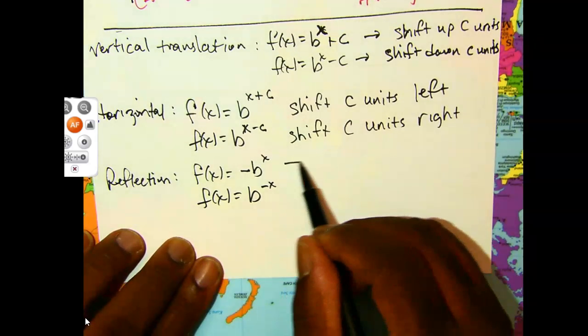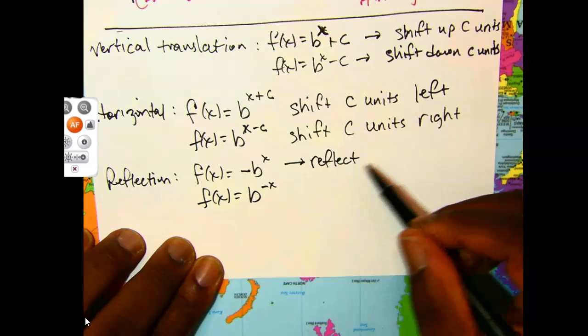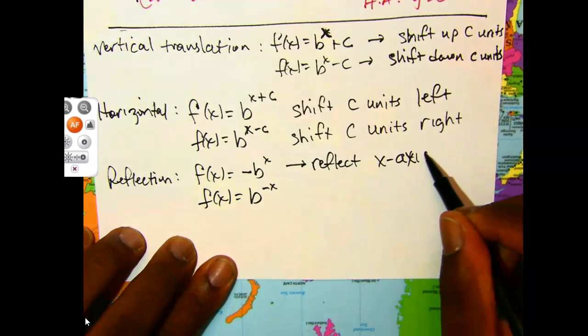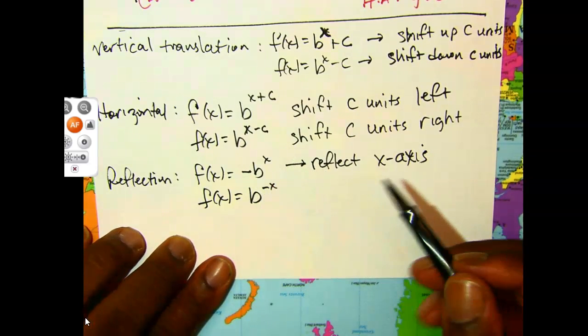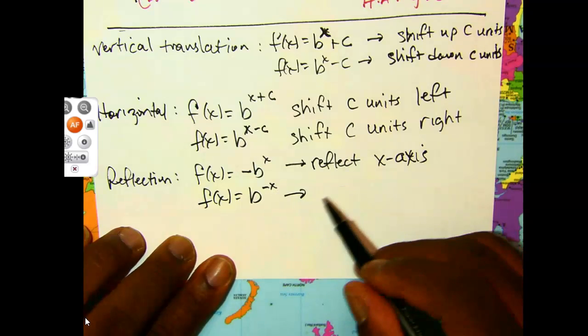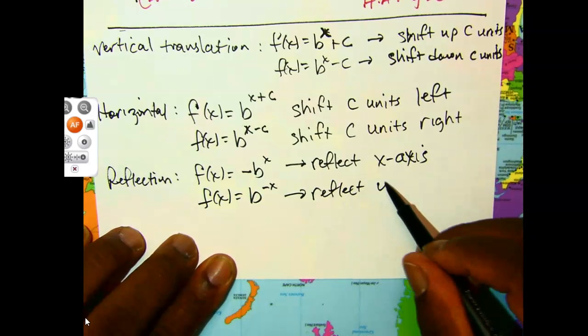Okay, so the first one reflects over the x-axis. So negative 1 times b to the x is a reflection over the x-axis. b to the negative 1 times x is a reflection over the y-axis.